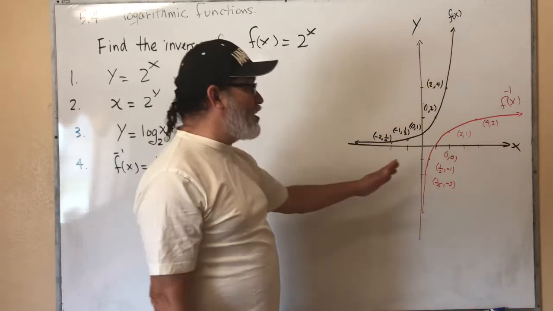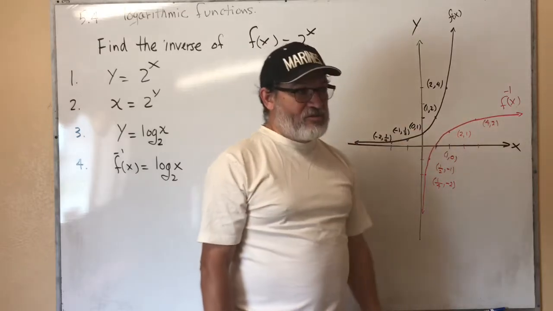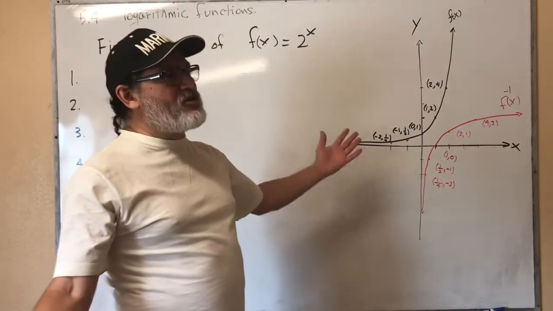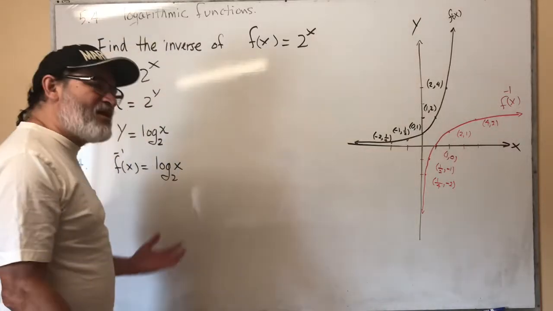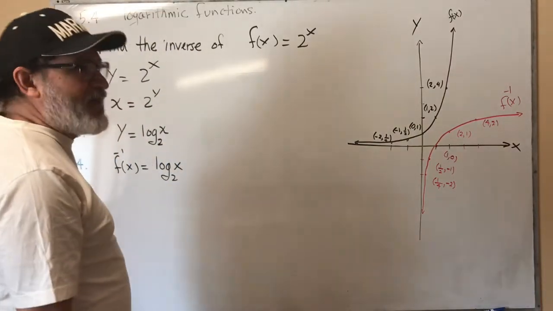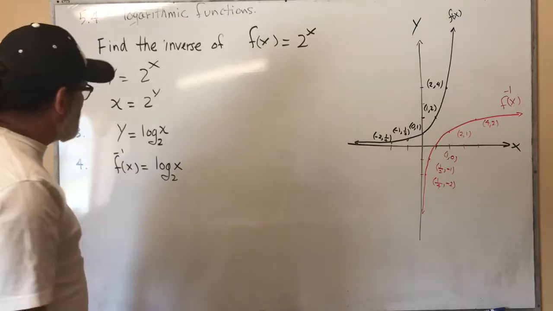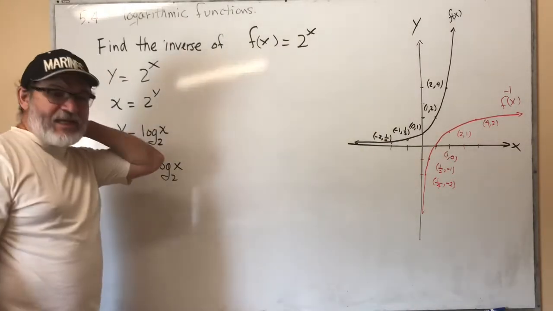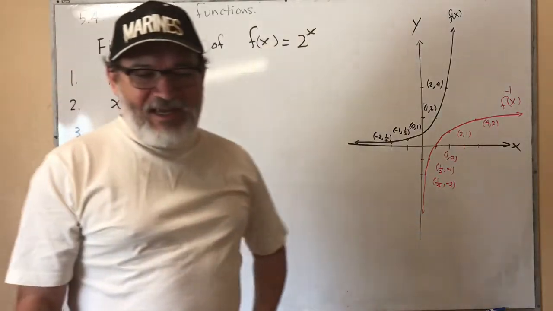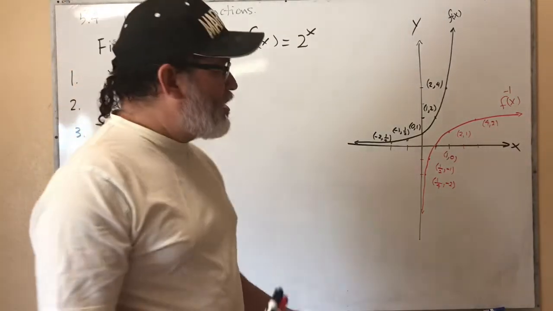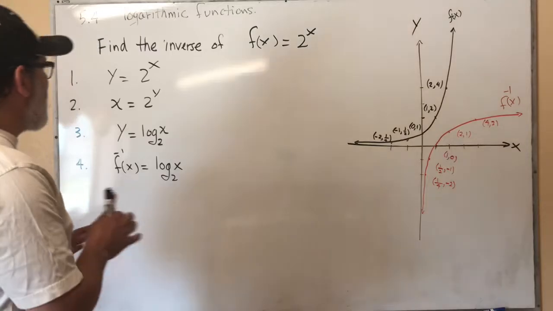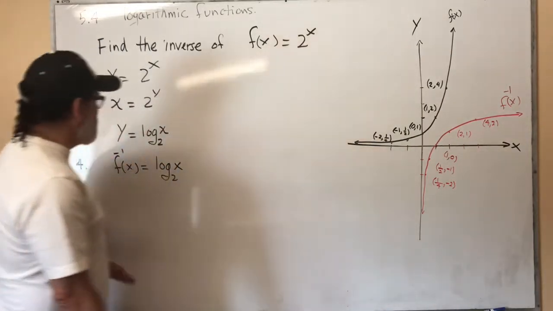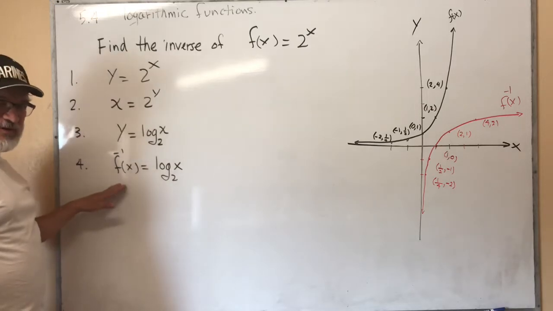You don't have to call it f inverse. I mean, it is the inverse of this, but it's a function itself. You can call it anything you want. You may call it h of x. In any case, good class, we just found the inverse of this, which happens to be a function itself.